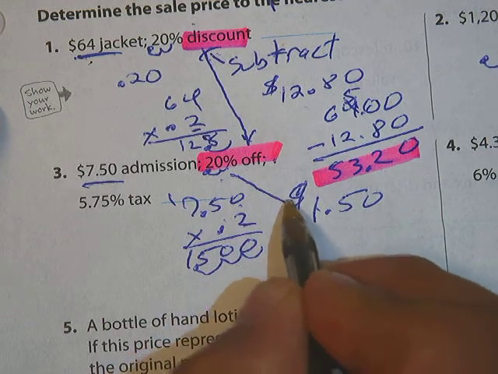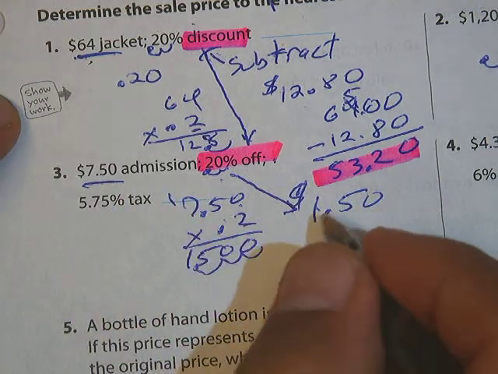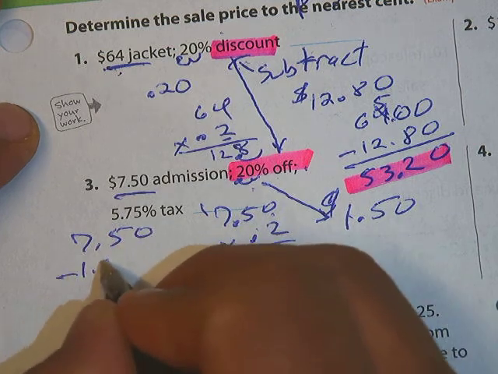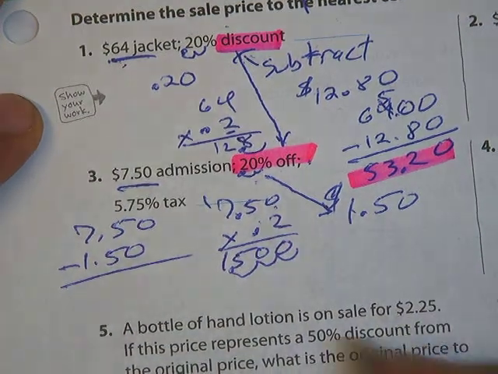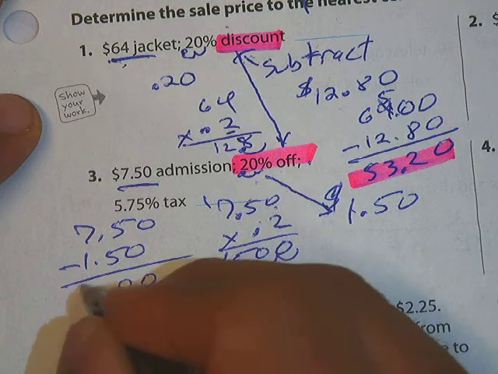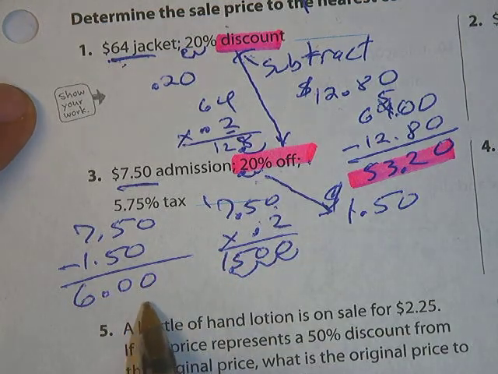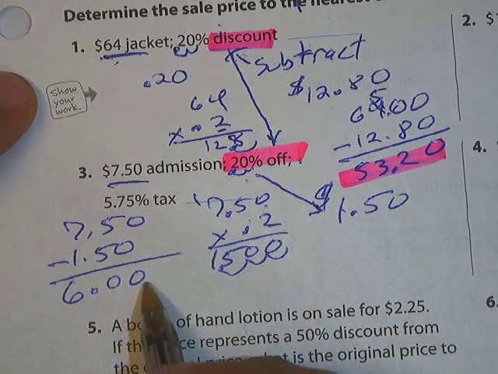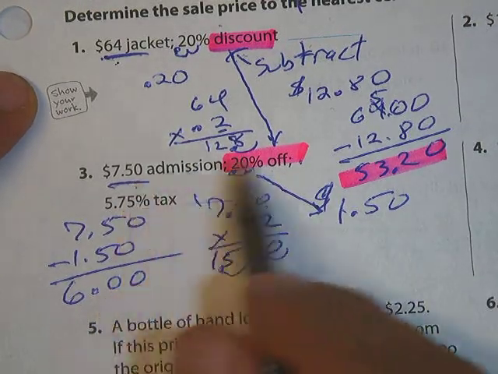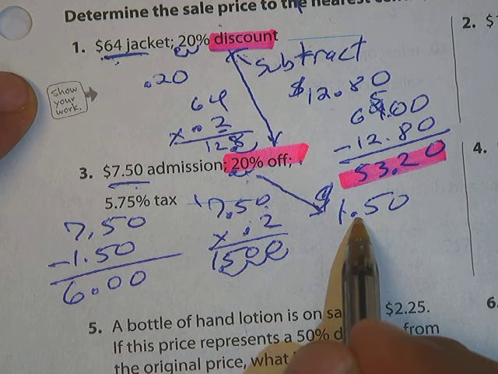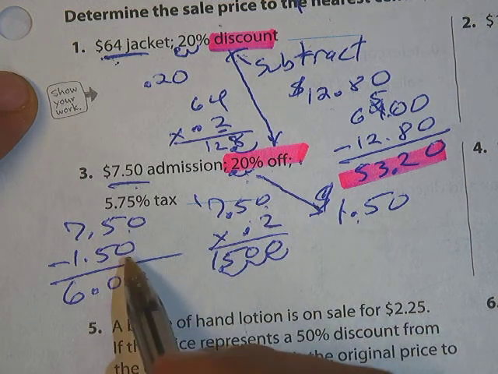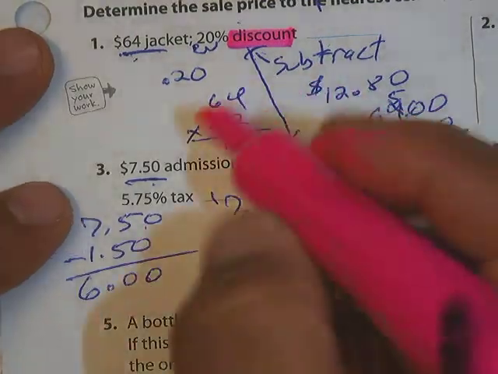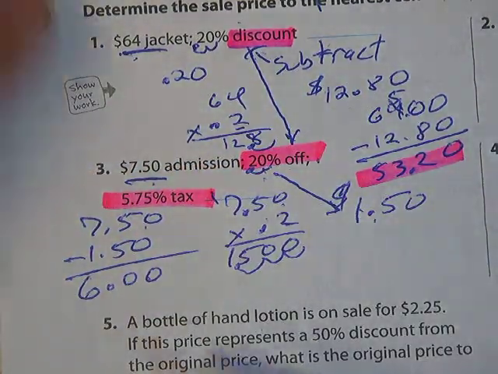This is $7.50, and they're taking $1.50 off because that's the 20%. So now you're going to pay 7.50 minus the $1.50 they're taking off, and you get 6. This is the new price of the admission. So if you go to the movies, instead of charging you $7.50, they took 20% off, which is $1.50 from the ticket, and now you're going to pay $6.